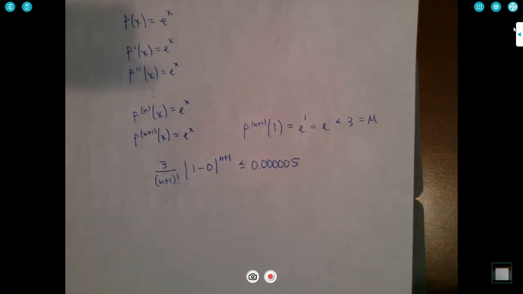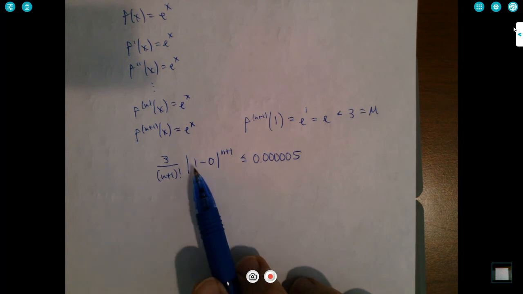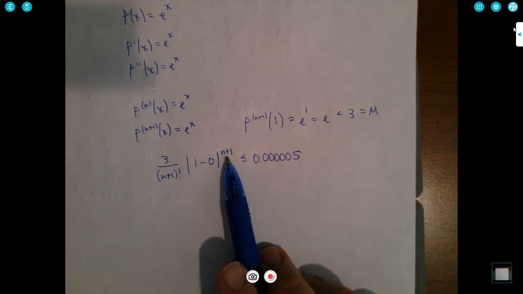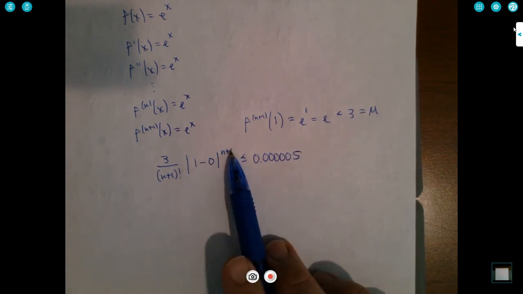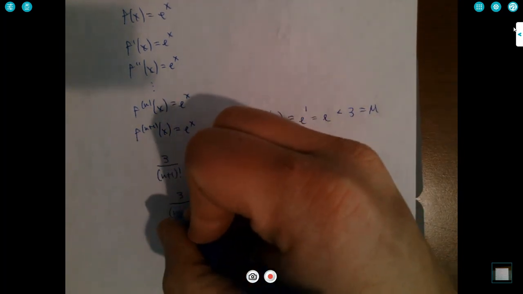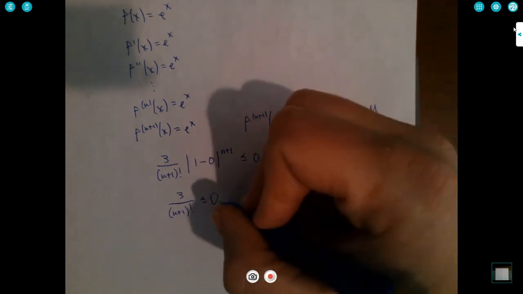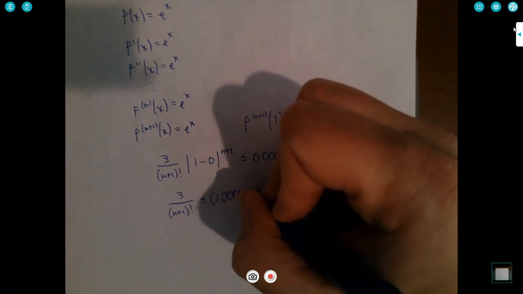Then we're going to solve this inequality for n. 1 minus 0 is 1. 1 to the n plus 1 is just 1, regardless of what n is, so this thing disappears. We just need 3 over n plus 1 factorial to be less than or equal to 0.000005.